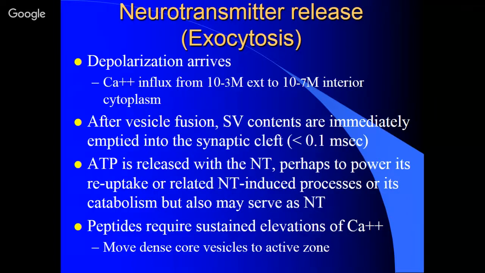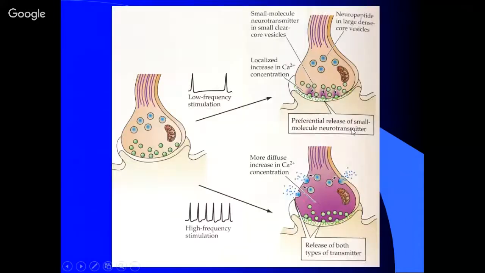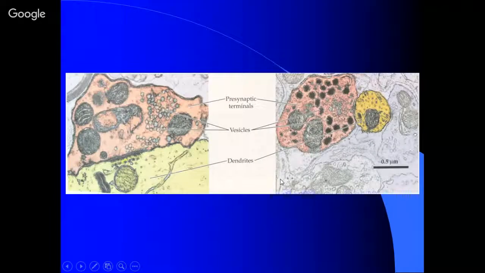In order to activate the peptide, you basically have to be doing something like long-term potentiation. You have to raise the calcium level and keep it up. Okay? That's when the dense core vesicles start to move to the membrane surface. And that's what this cartoon is showing. And they also show that they tend to occur away from the active zone. The vesicle fusion of the dense core vesicles is usually not here. It's out there into the extracellular space.